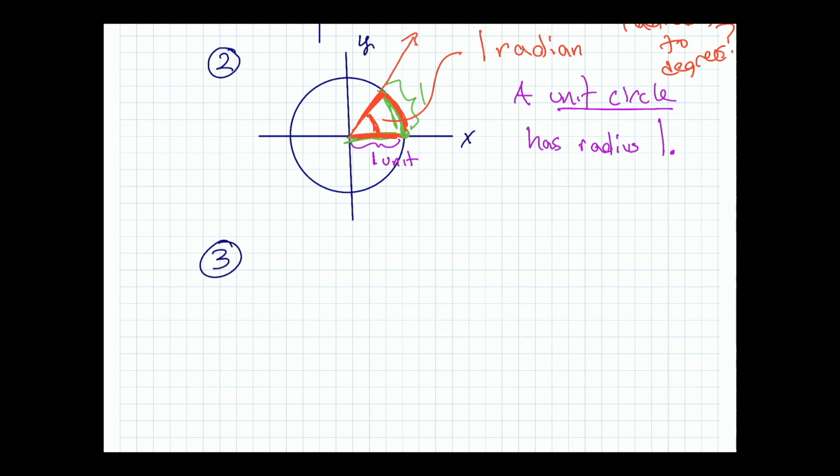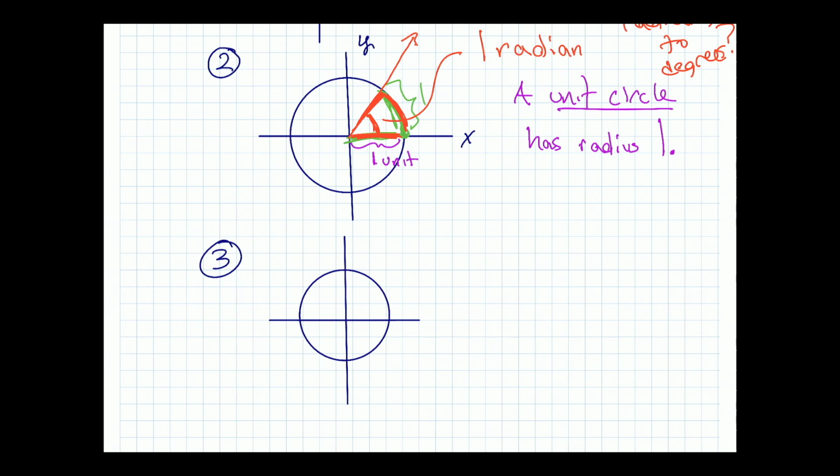So the idea here is, I'm going to draw it. Same as I did before, just another circle.